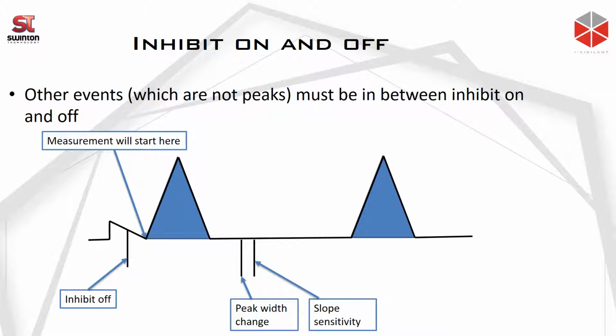The other rule is that any other events which are not peaks must be put in between inhibit on and off. It's just a good rule to have. So let's see this condition here.